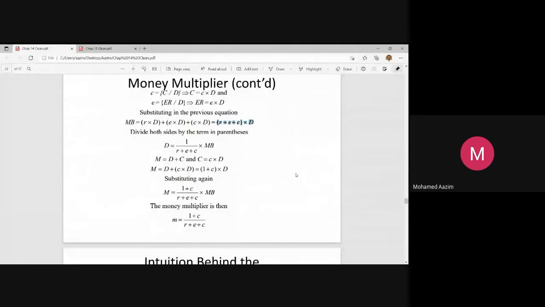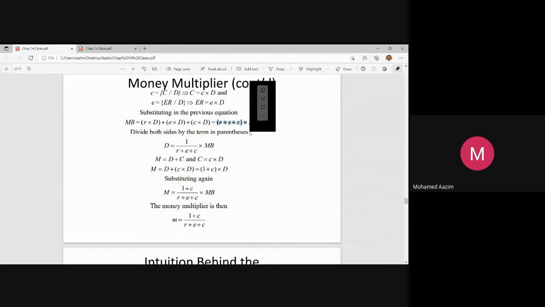So you divide both sides by the term in parenthesis, that is small r plus small e plus small c. If you divide this side by small r plus small e plus small c, this cancels off.